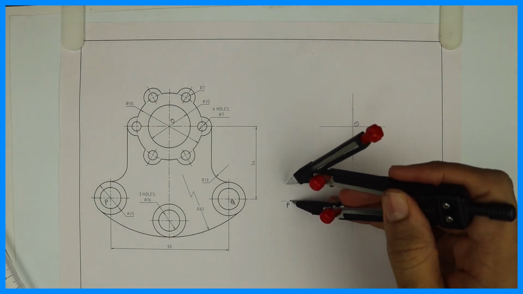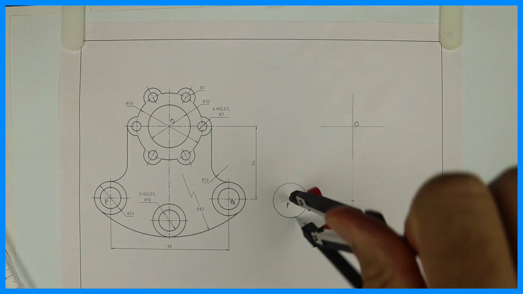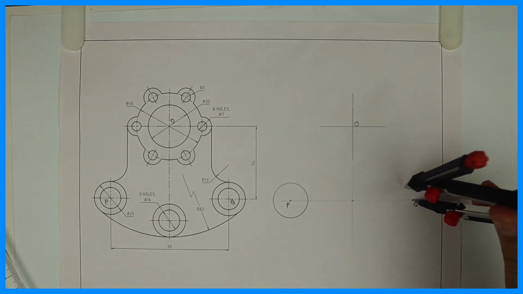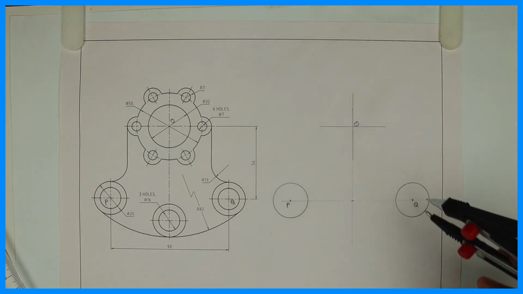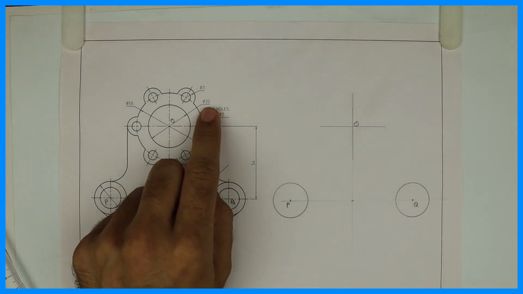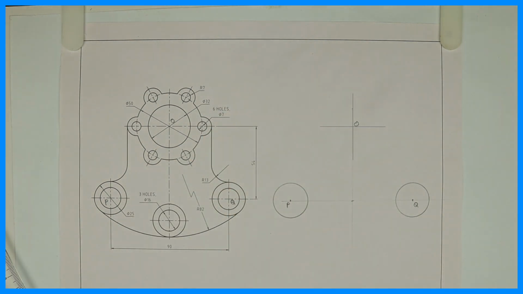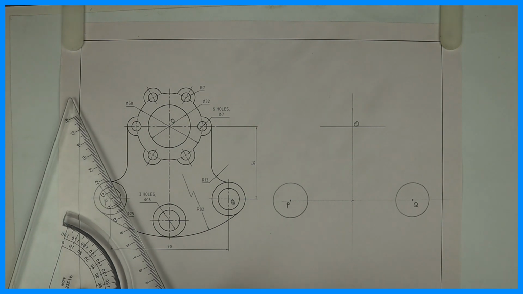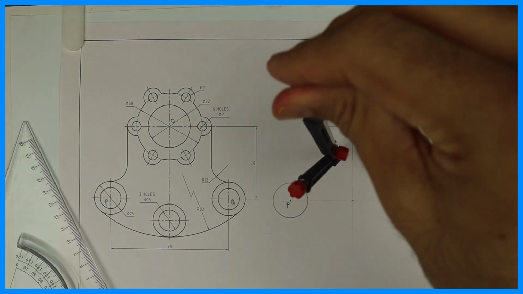Now we'll take radius 12.5, because diameter is 25, so we'll take radius 12.5 and we'll draw two circles from P and Q. This is diameter 32, so we'll take radius 16 and we'll draw this circle.